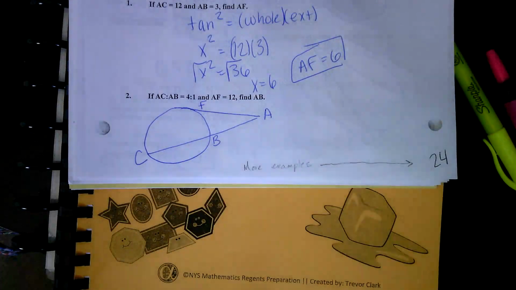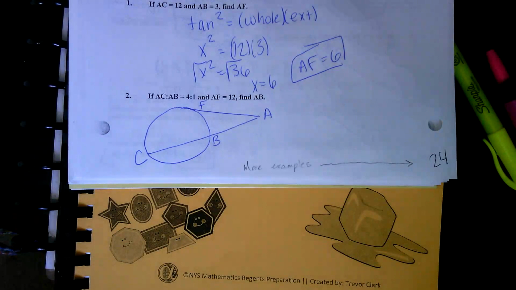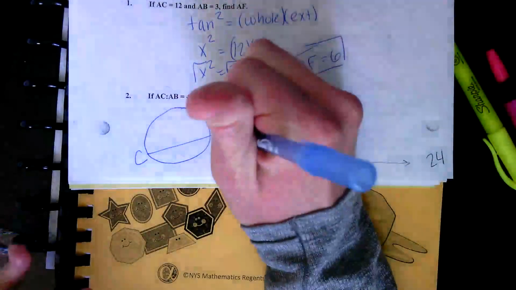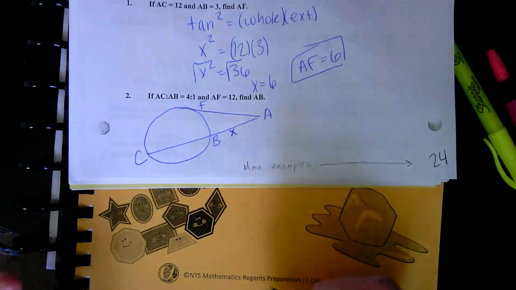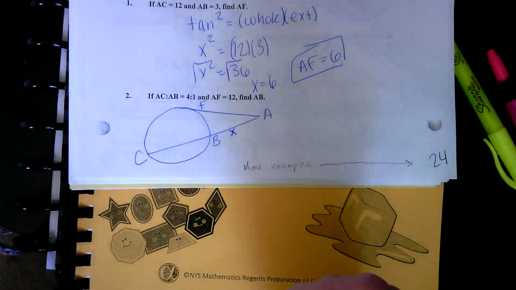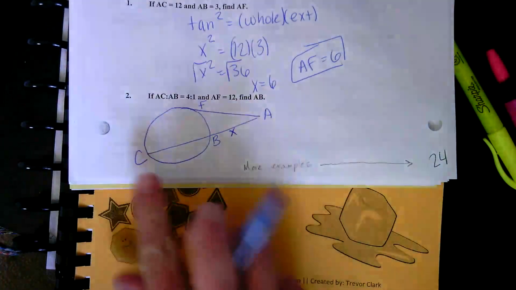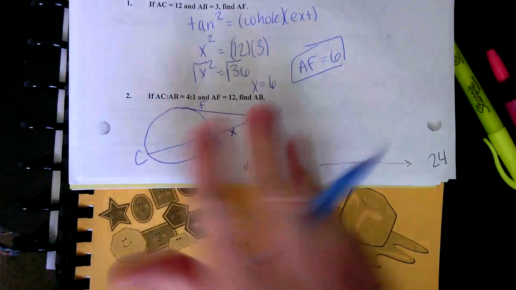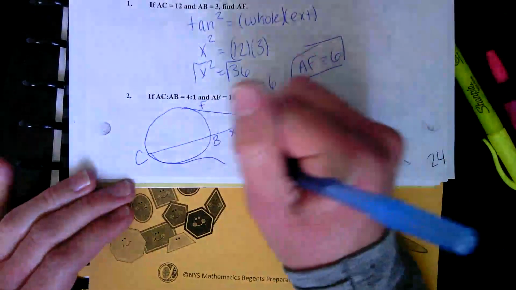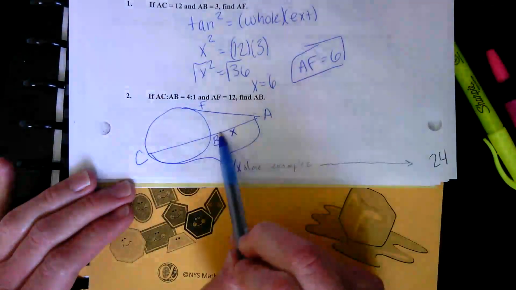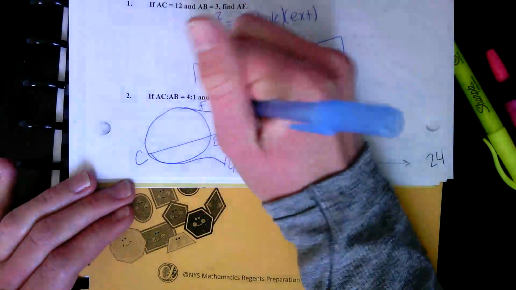Okay, so if the ratio of AC to AB is 4:1 and AF is 12, then we want to find AB. So AB is what we want to find. Now, the ratio of AC to AB is 4:1. So this is 4x, this is 1x, and AF is 12.